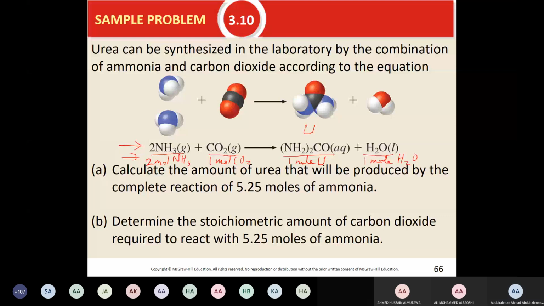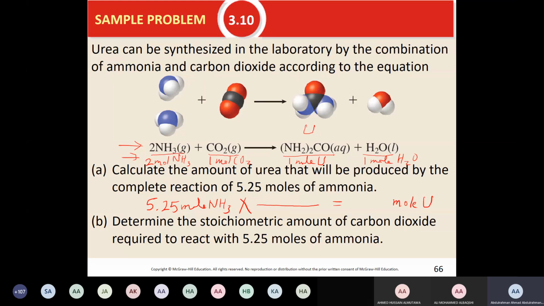Clear? If I have 5.25 mole ammonia NH3, then how many mole urea will I produce? What should you write?